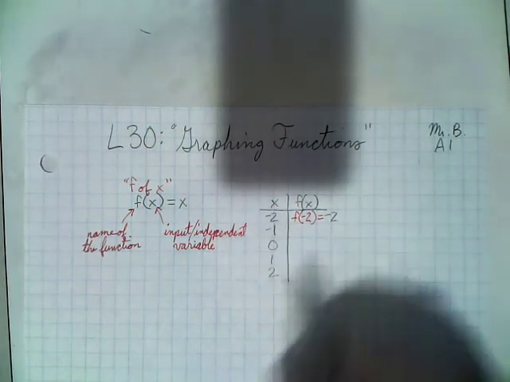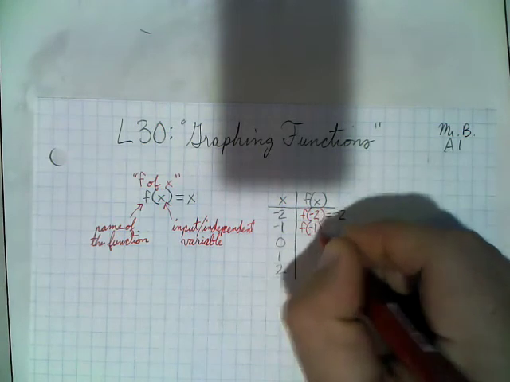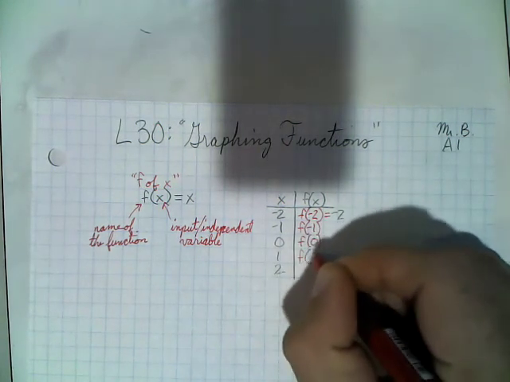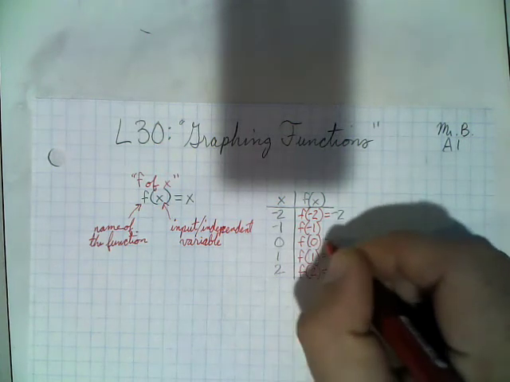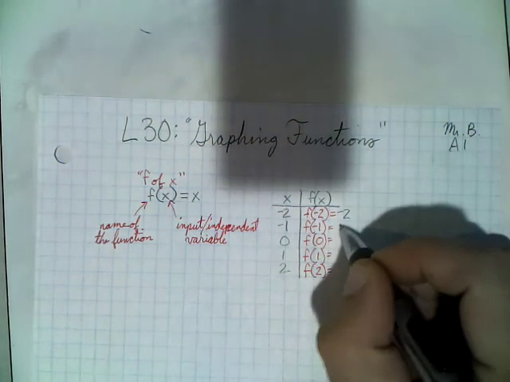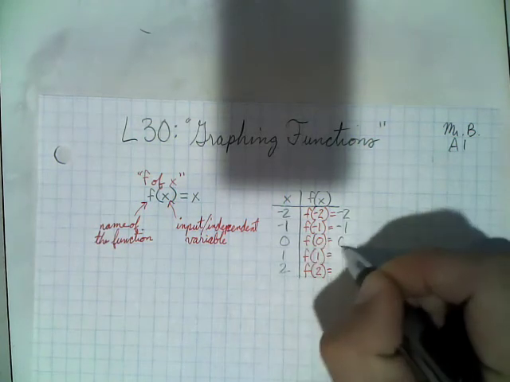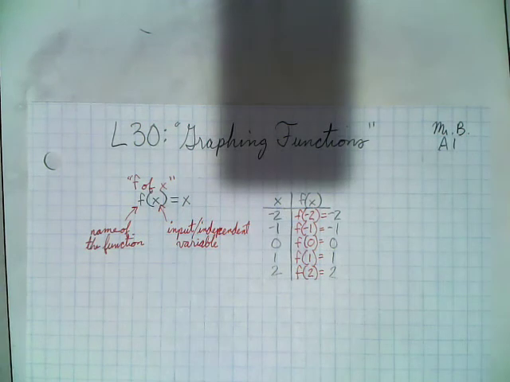So -2, -2. Likewise, if I plug in -1, so f of -1, f of 0, f of 1, f of 2, I've chosen a very, very simple function to start with. If I put in -1, I get out -1. If I put in 0, I get out 0. If I put in 1, I get out 1. If I put in 2, I get out 2.